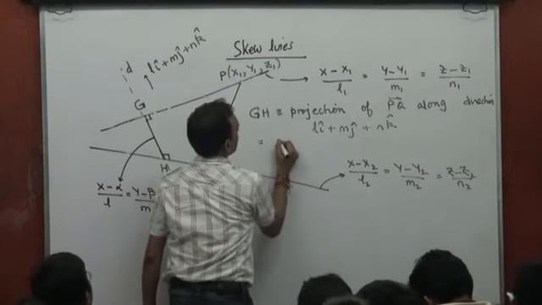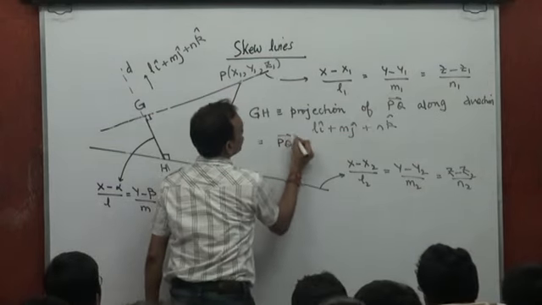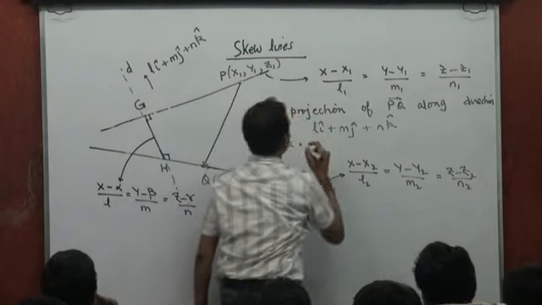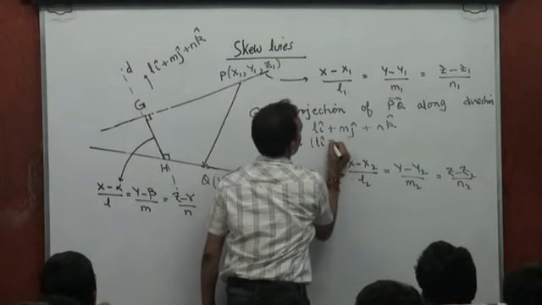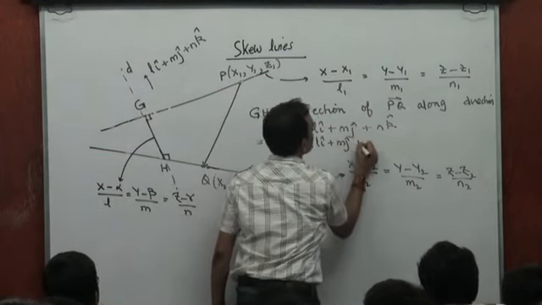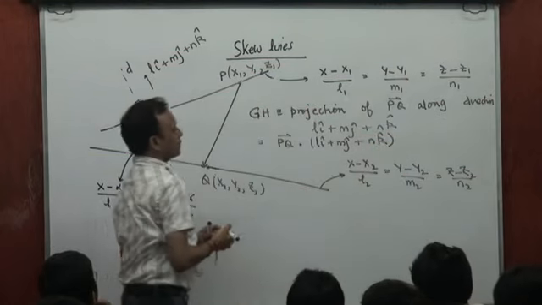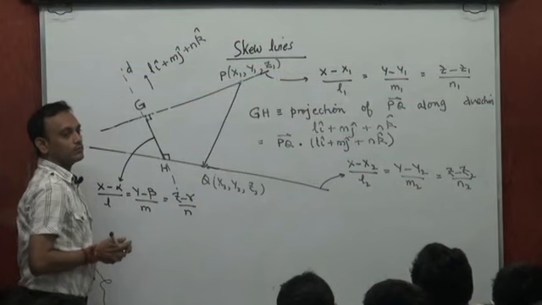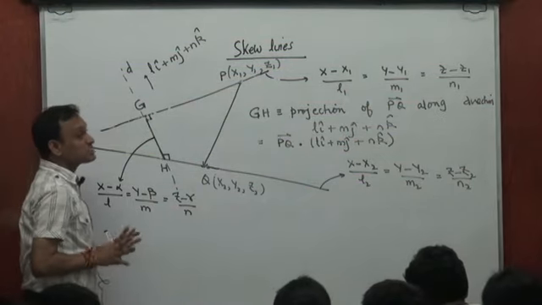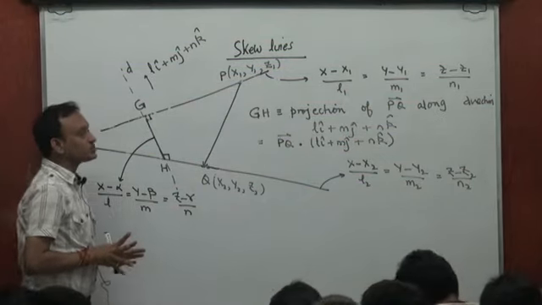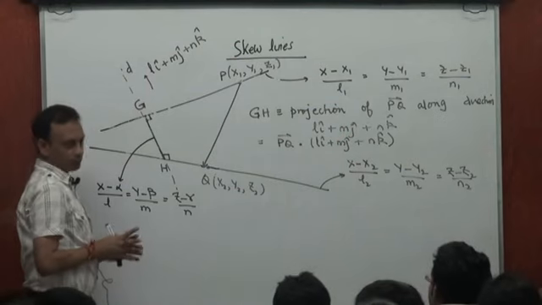So this is PQ dot Li plus Mj plus Nk. That's the length GH. Yes or no?